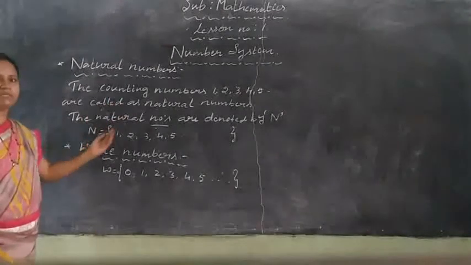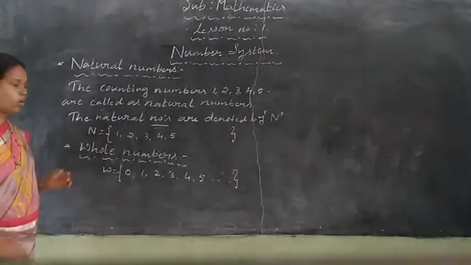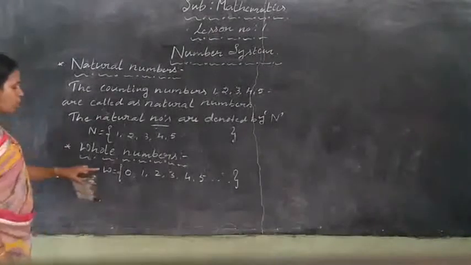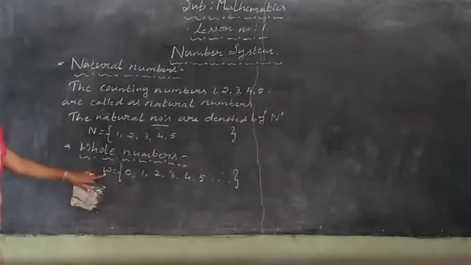The natural numbers including 0 are called as whole numbers, and the whole numbers are denoted by a capital letter W, children.